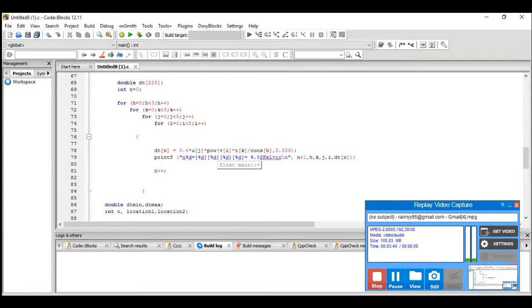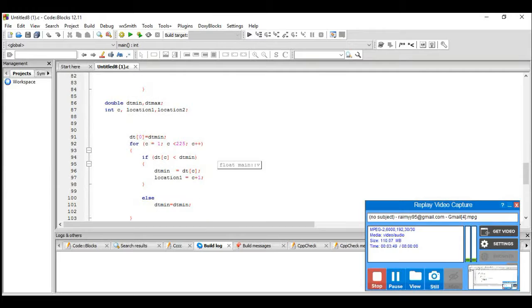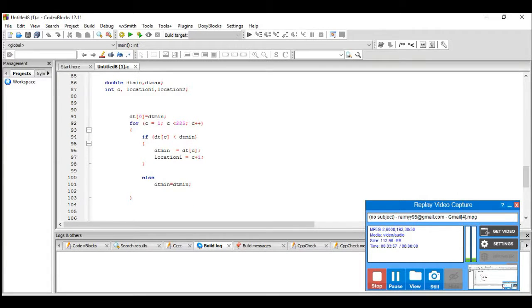Okay, the next program is to determine the minimum and maximum value. This is the program to determine the minimum value of our delta t from all of the 225 values. And this is for the location, which shows where the minimum value is located.